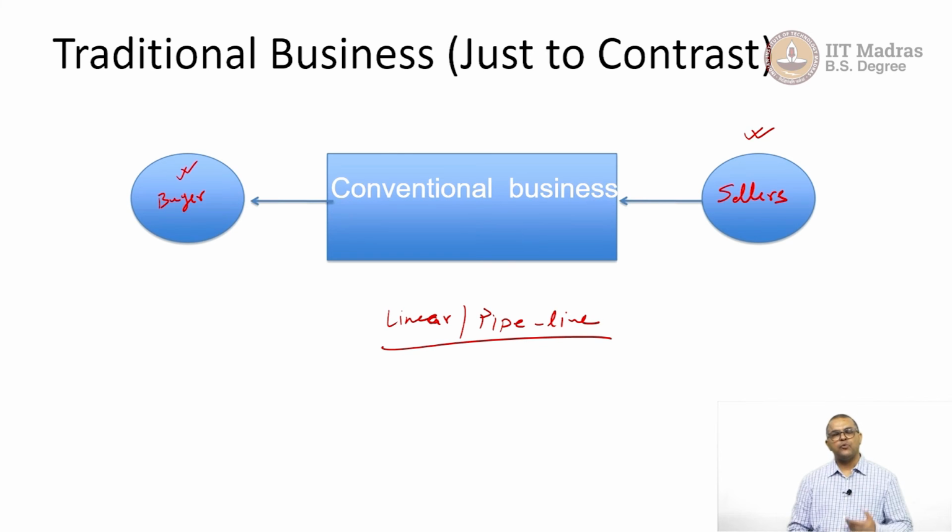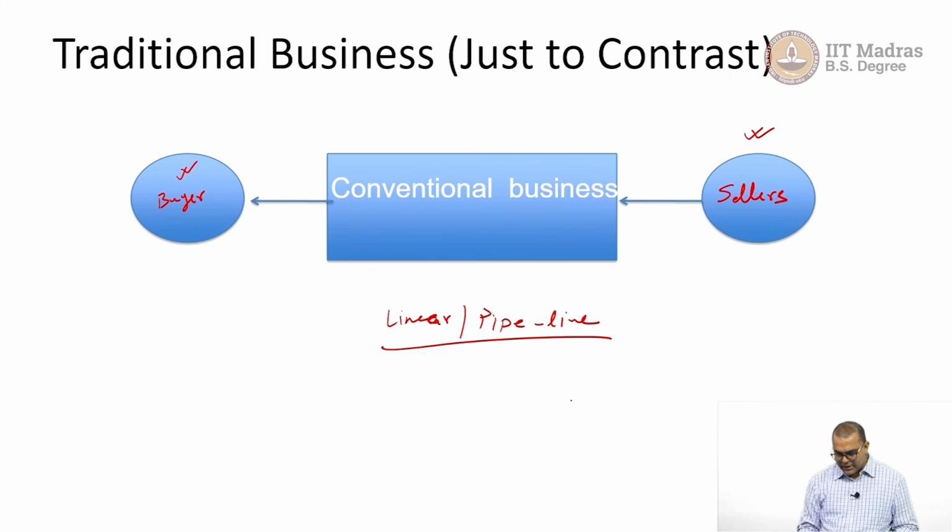Think of grocery shops. I want to purchase a packet of Maggi. I go to a grocery store. That grocery store had purchased Maggi from perhaps a distributor, and the distributor had perhaps purchased it from another big distributor or stockholder. These are the different names that they have. And then ultimately it's Nestle.